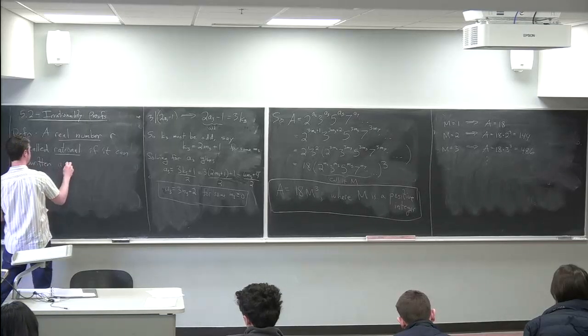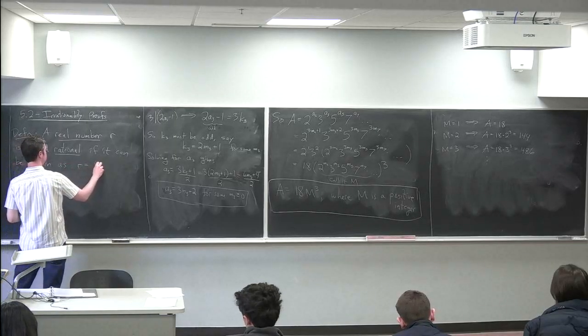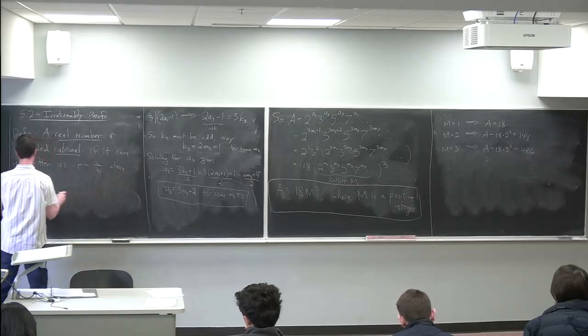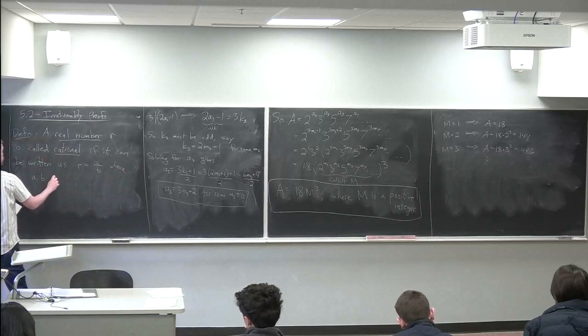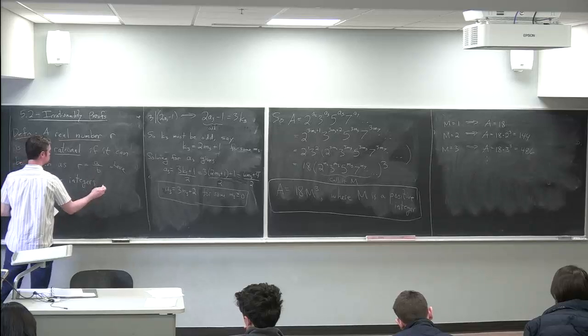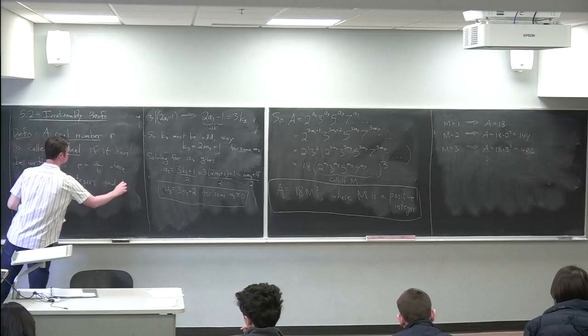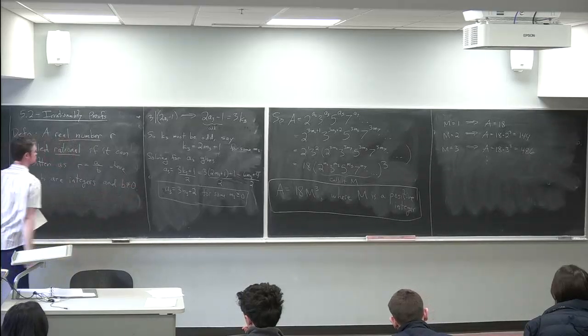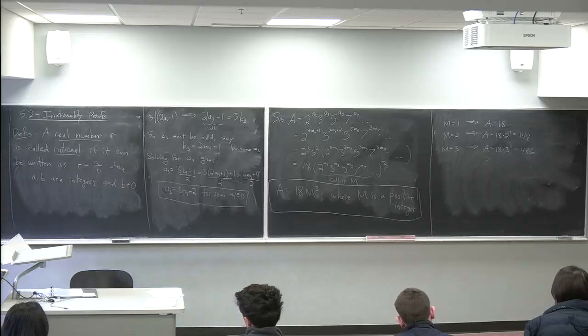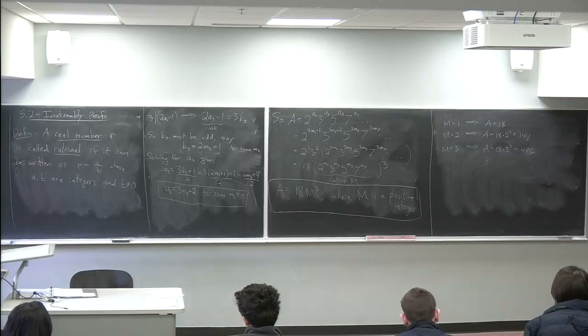So if it can be written as R equals A over B, where A and B are integers, and of course, B is not 0.